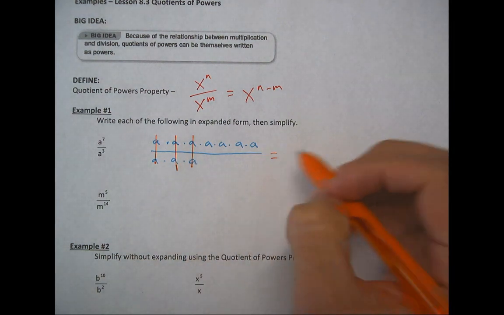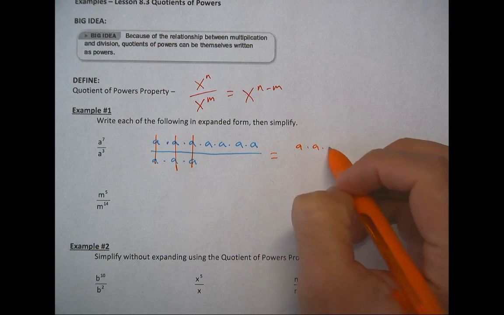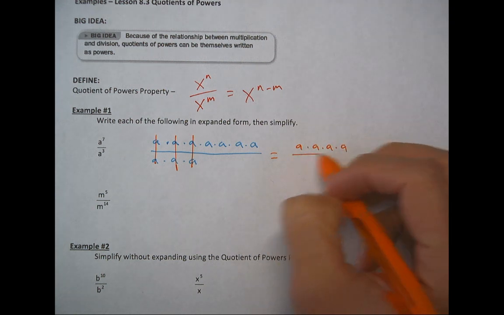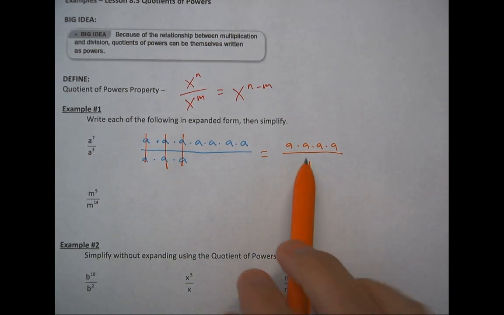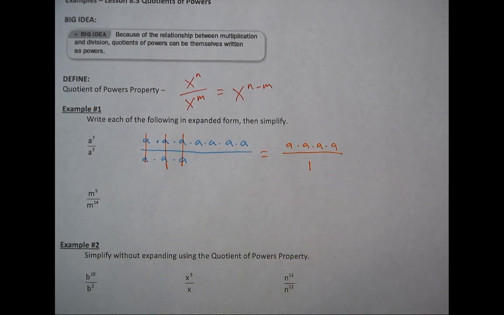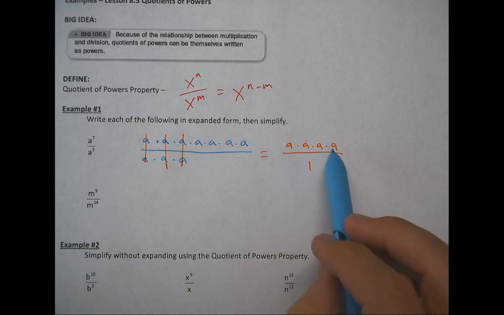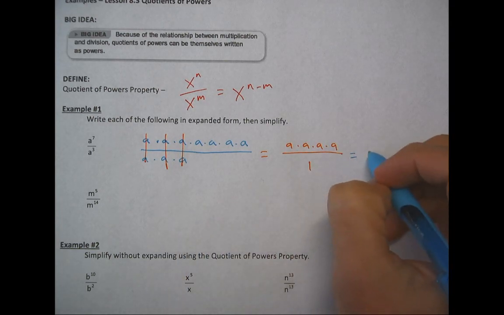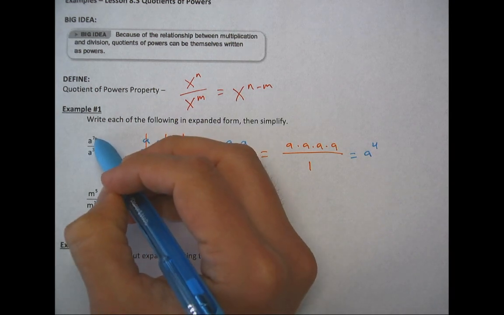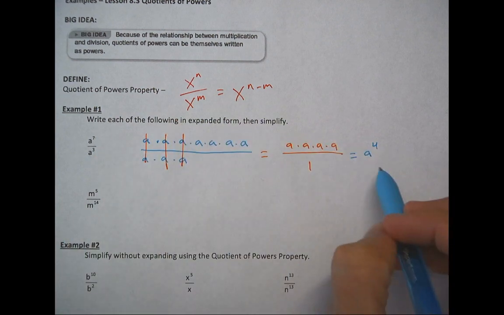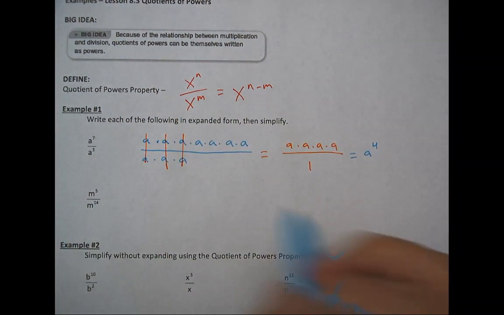So this simplifies down to a times a times a times a over 1 when everything goes away. It's a 1 on the bottom, and so we don't even need the 1. We can drop that. And a times itself 4 times is a to the 4th power. Now take a look. Originally we had the 7 and the 3, and we divided. And so if we subtract 7 and 3, we get directly to this.